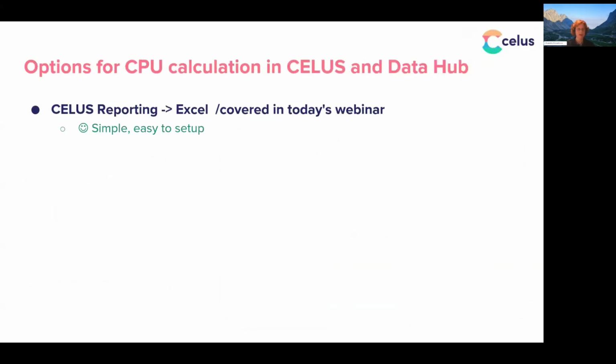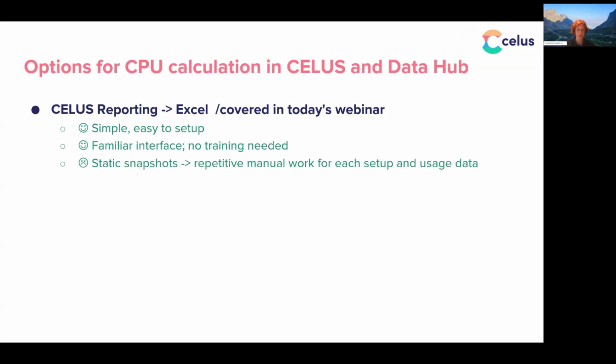So how can you calculate cost per use in CELUS and Data Hub? You can use the CELUS reporting, download the report in Excel, and calculate the cost per use there. It's simple, it's easy to set up. You will see it's a familiar interface. You don't have to train for it.